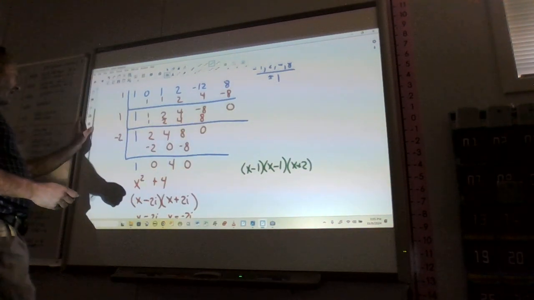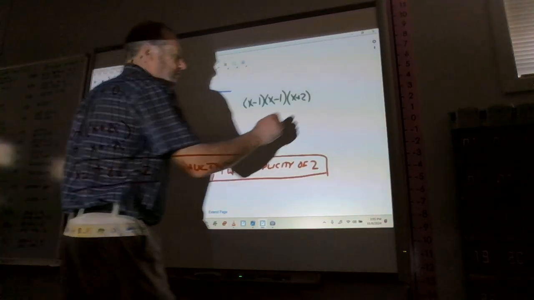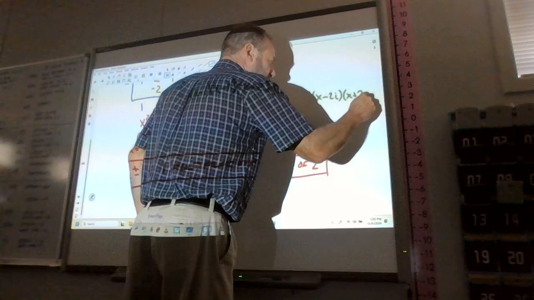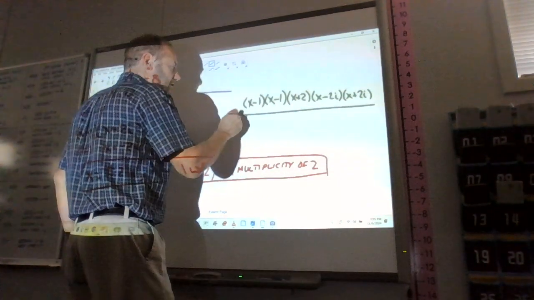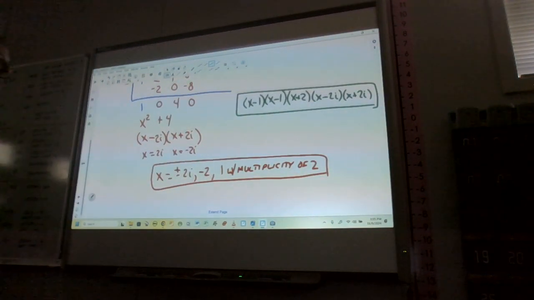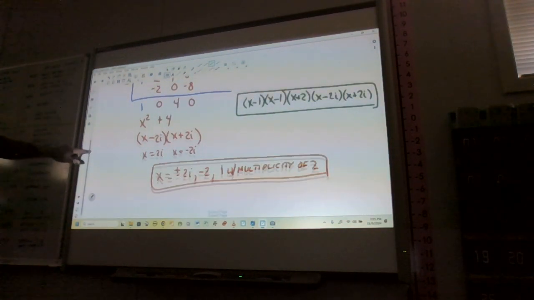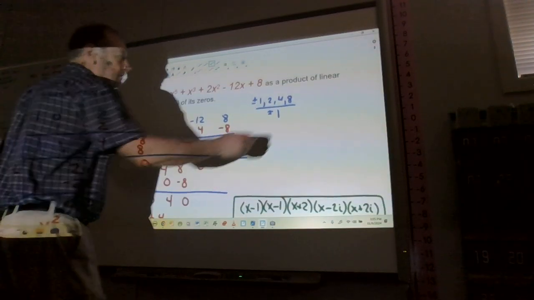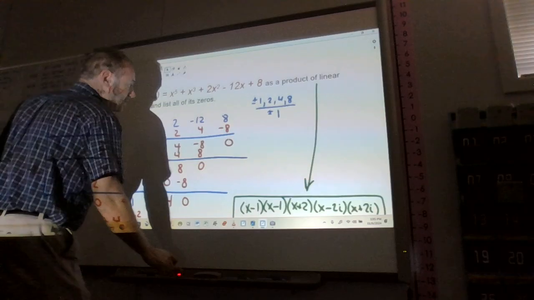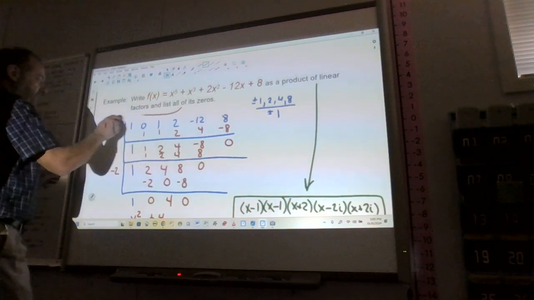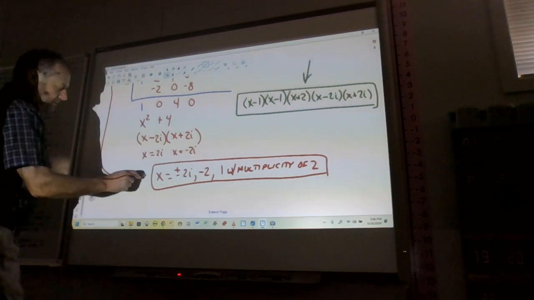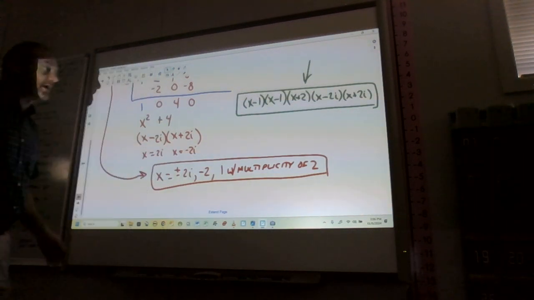And then with my i's, I've got 1 of each, so it's going to be x minus 2i, x plus 2i. So there's my product of linear factors, and of course there's 5 of them because it's degree 5. Okay, so here's my product of linear factors, and all of the zeros are right there. Okay?